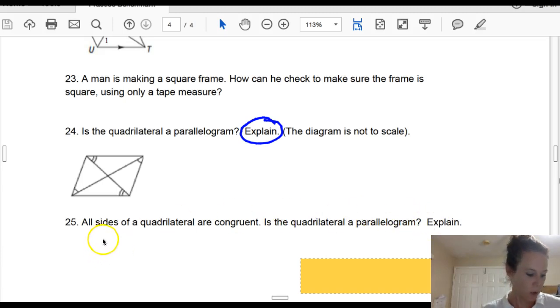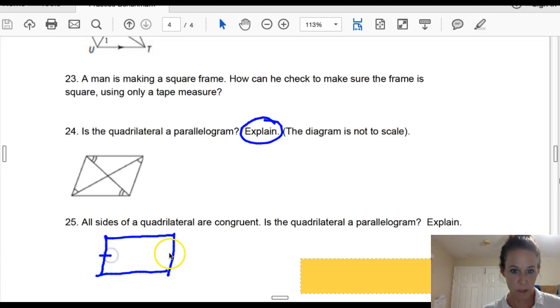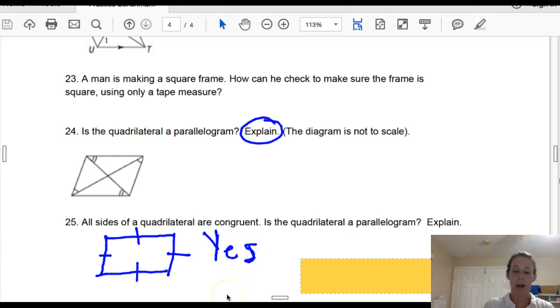Explain. So if I know all the sides are congruent, let's just say I have a quadrilateral like this. This is congruent to this, and this, and this. All the sides are congruent. Do you have a parallelogram? Yes. That's one of the rules we talked about, one of the theorems back on the page when you classify parallelograms.